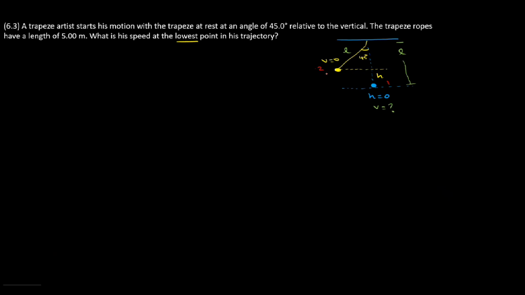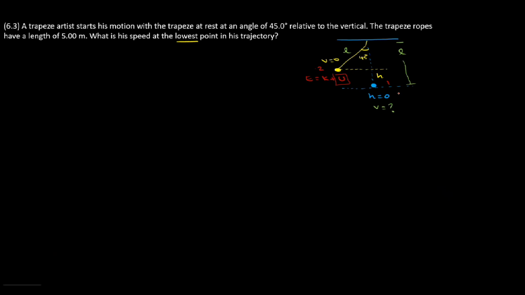At point 2, total energy is the sum of kinetic plus potential. But since the velocity is 0, we will not have any kinetic energy. My entire energy at point 2 is just the potential energy.